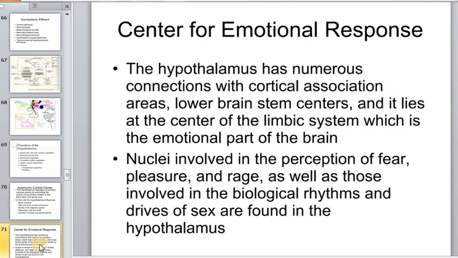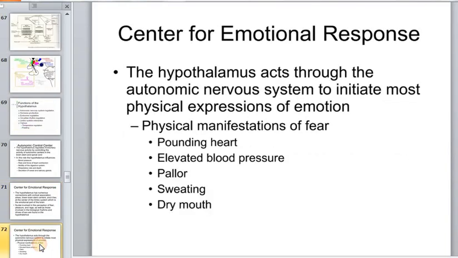A center of emotional response. The hypothalamus has numerous connections with the cortical association areas and lower brain stem centers, and it is the center of the limbic system, which is the emotional part of the brain. Nuclei involved in the perception of fear, pleasure, and rage, as well as those involved in biological rhythms and sex, are found in the hypothalamus too.